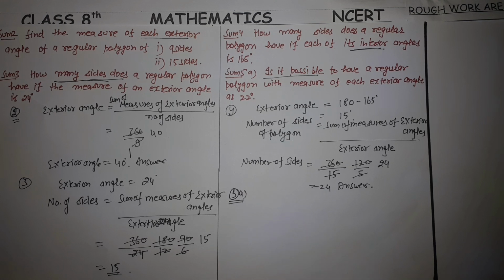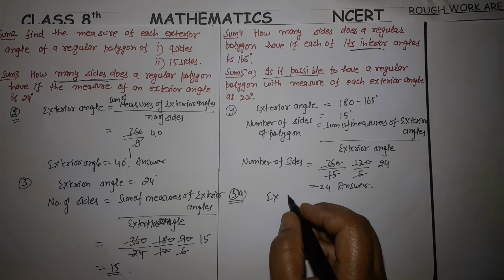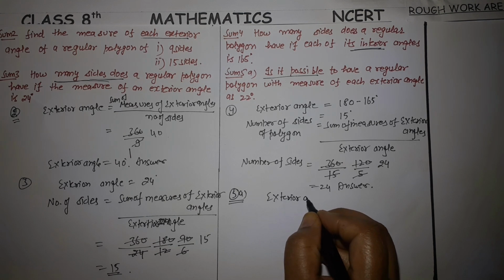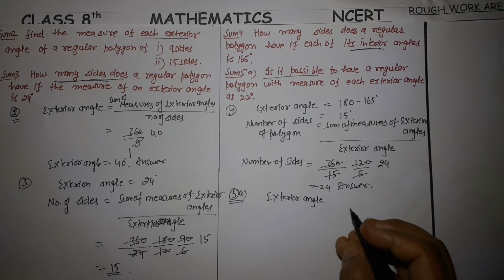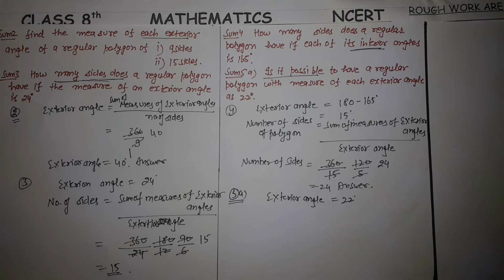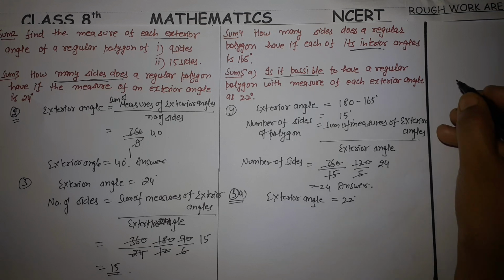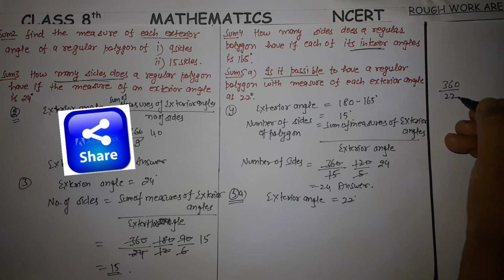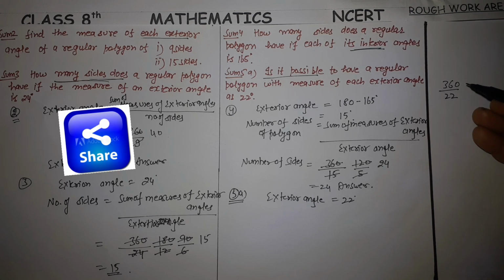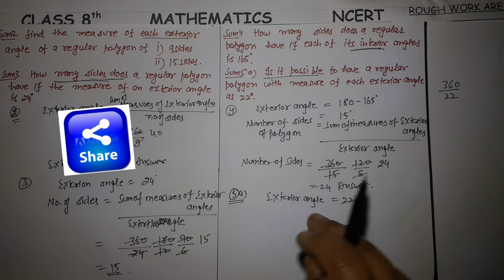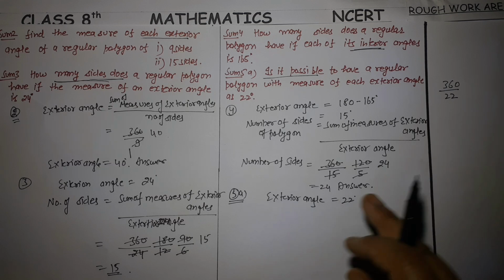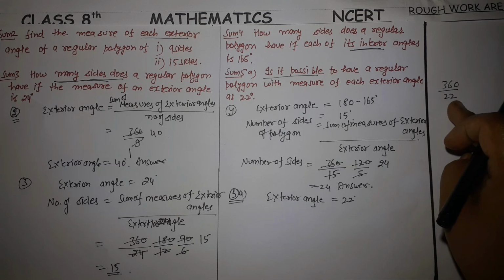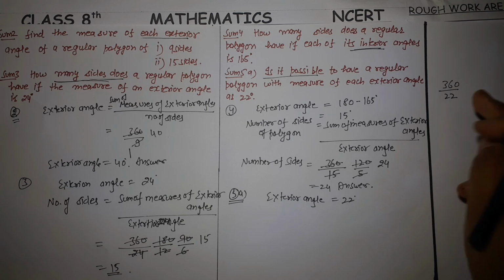Sum number 5, part A. Exterior angle equals 22 degree. Now first we divide 360 by 22. If it is completely divisible, then it is possible. If it is not completely divisible by 22, then it is not possible.